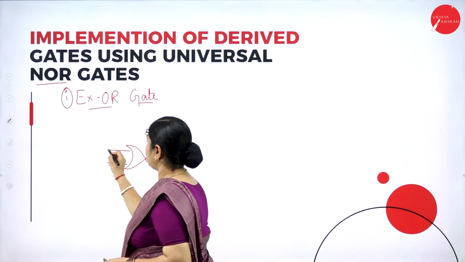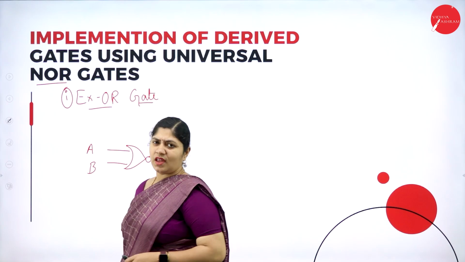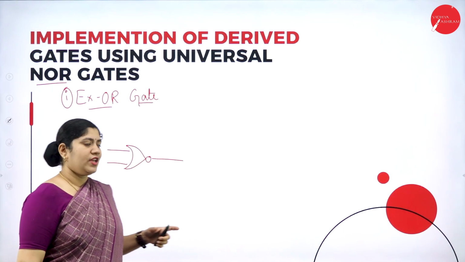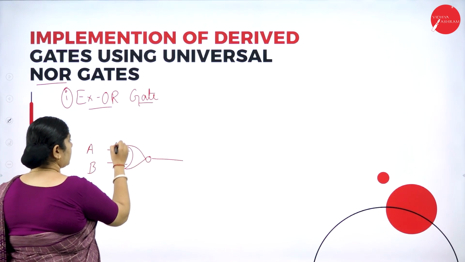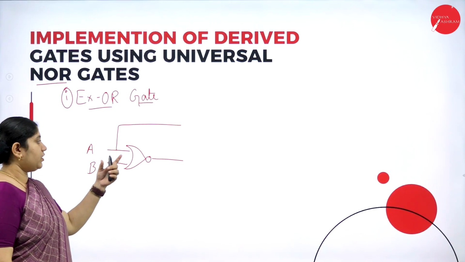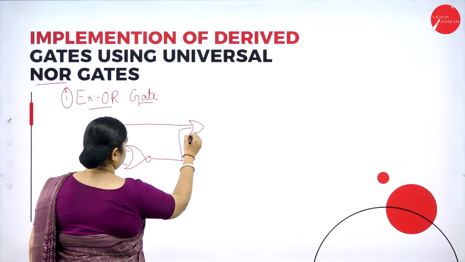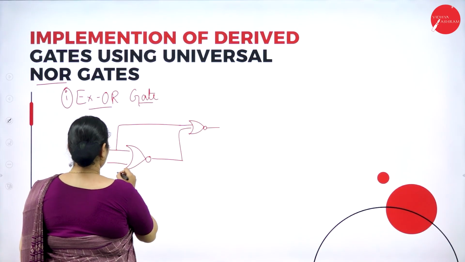Over here it's input A and B. Up next, we have to pick the inputs and draw a simple NOR gate.